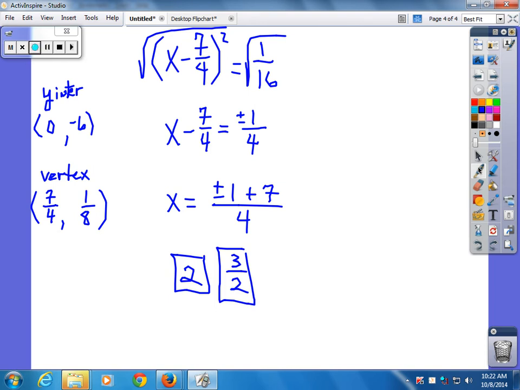1 plus 7, negative 1 plus 7. Okay, all right, so we're ready to sketch it. 0, negative 6. 1, 2, 3, 4, 5, 6.